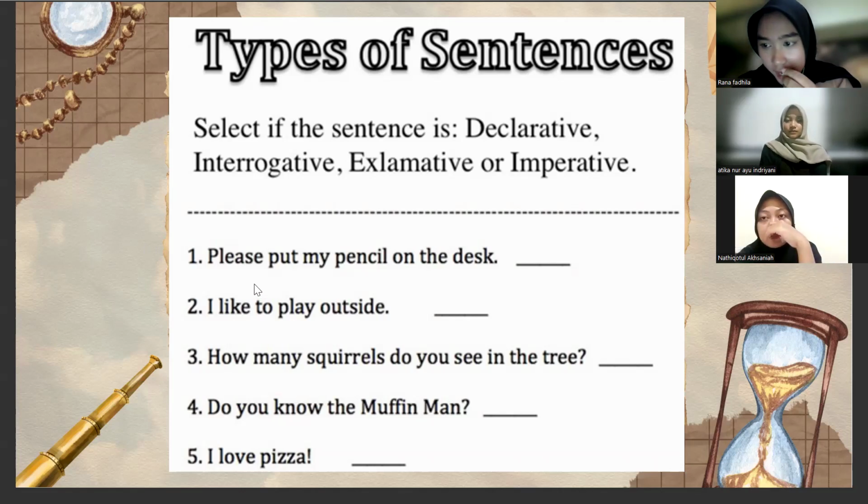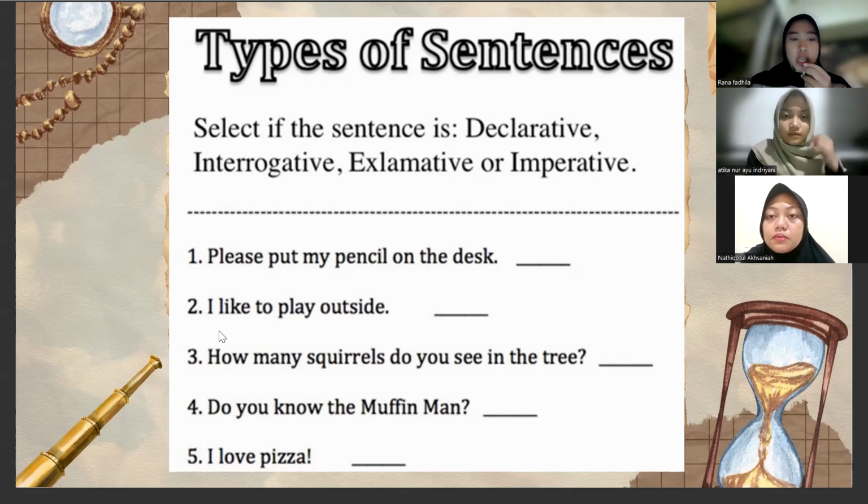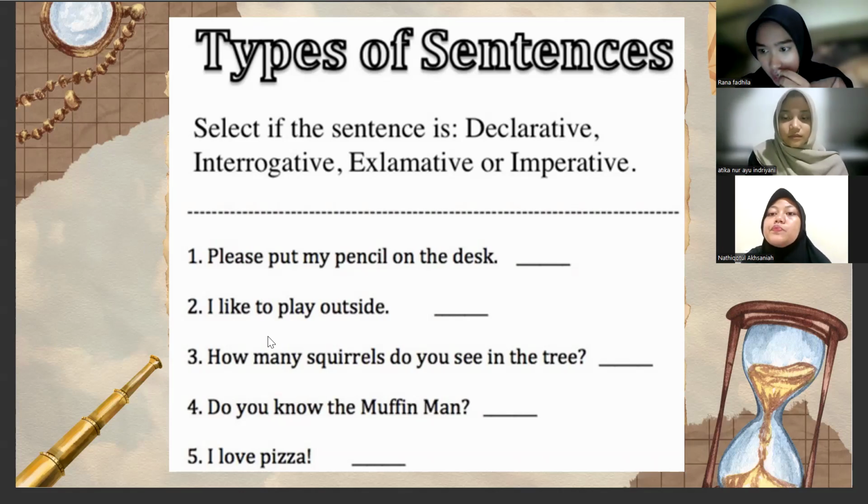And number 2, I like to play outside, is a declarative sentence because it contains a subject and predicate. And number 3: how many squirrels do you see in the tree? Number 3 is an interrogative sentence because there is a question mark here, and this is a question sentence. And number 4 is an interrogative sentence too, because it asks a question.